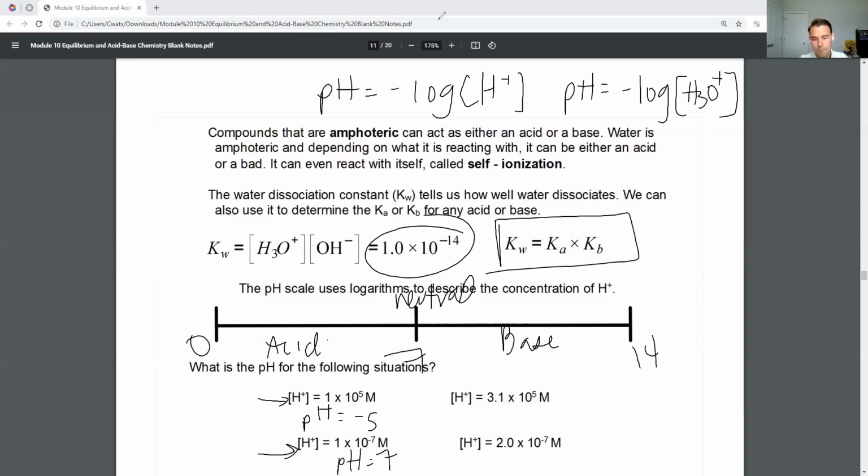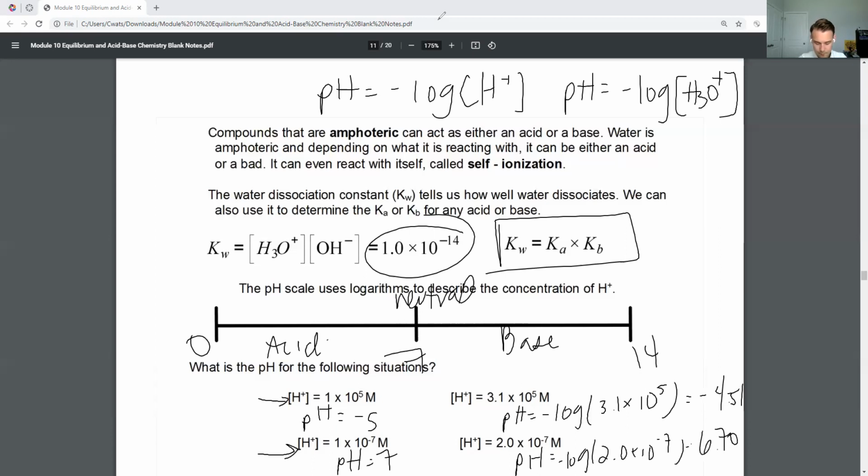So let's see, pH is equal to the negative log of 3.1 times 10 to the 5th, which is -4.51. And then this one, negative log of 2.0 times 10 to the -7th, which gives me 6.70.